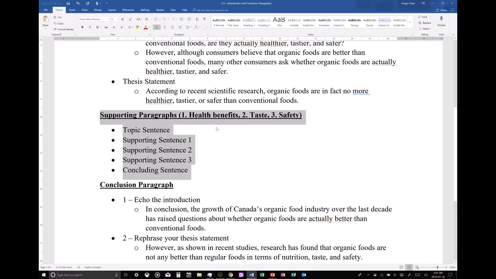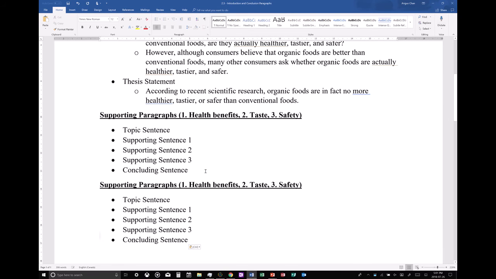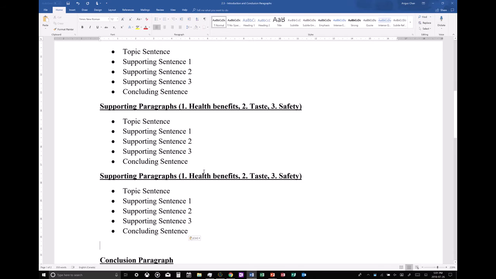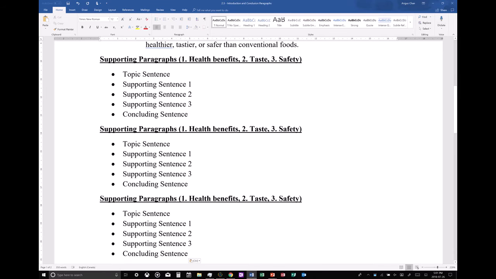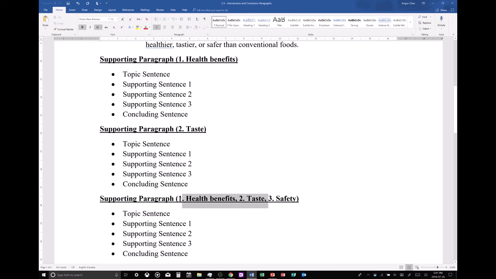So I'm going to make 3 of these. And so this is supporting paragraph 1 now. And the second paragraph would be supporting paragraph 2. And the last supporting paragraph would be supporting paragraph 3.